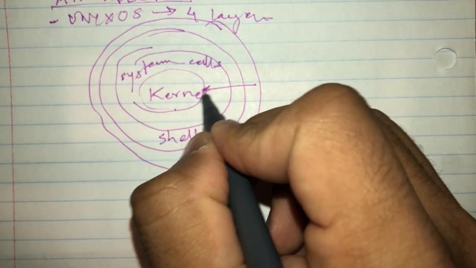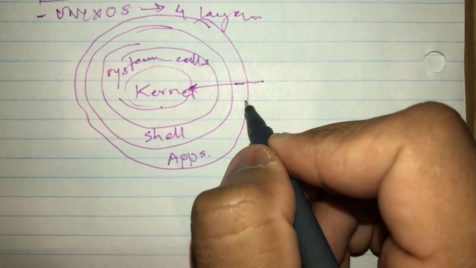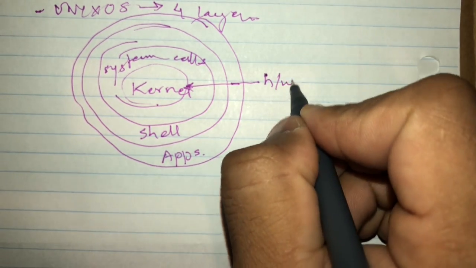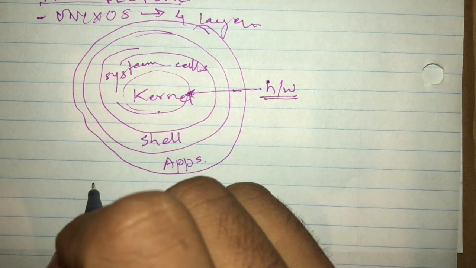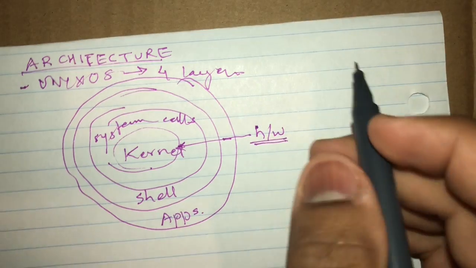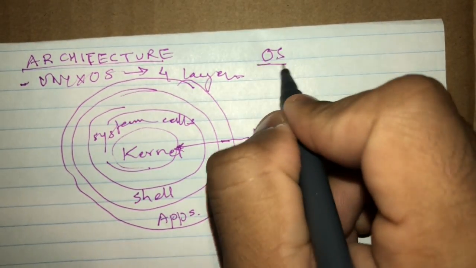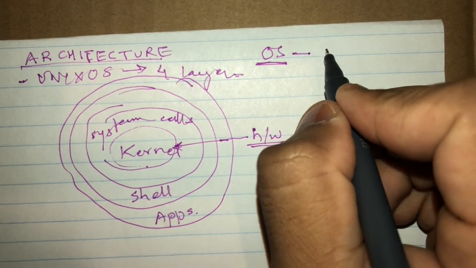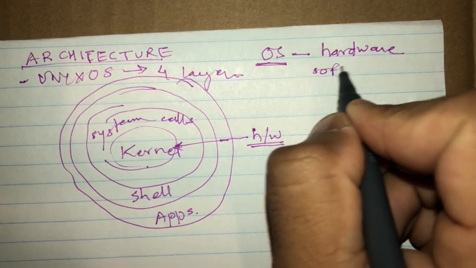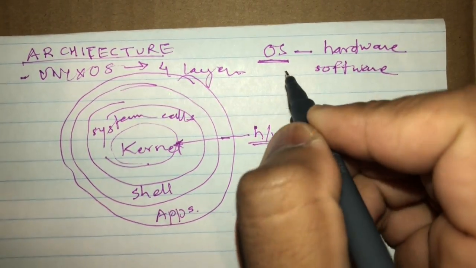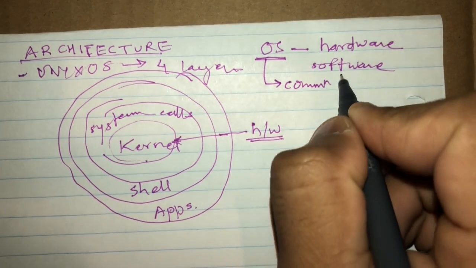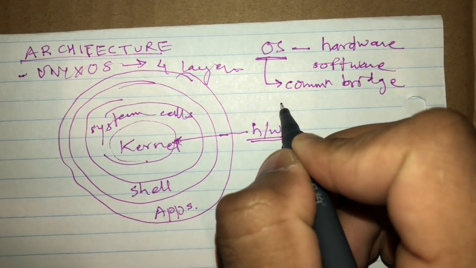Kernel starts from the center because that's where the magic happens. You can say the kernel directly works with the hardware of the computer or the system. One thing I did not tell you is what an operating system actually is. There are two important components of any computer system: one is hardware and the other is software. The operating system acts as a communication bridge between the hardware and software.